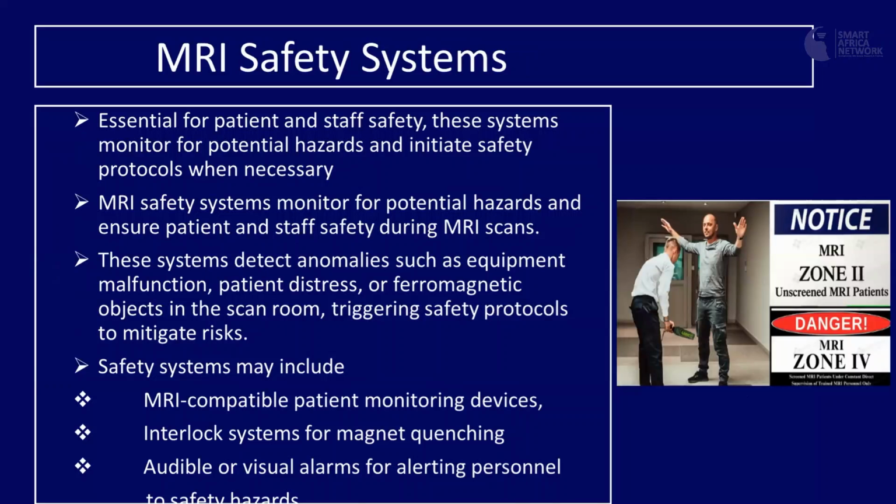And very importantly, MR safety system. So before a patient goes to do an MRI, there is certain history that needs to be taken from the patient, especially concerning metals. Are you wearing any jewelry? Are you wearing any wristwatches? Do you have any implants?